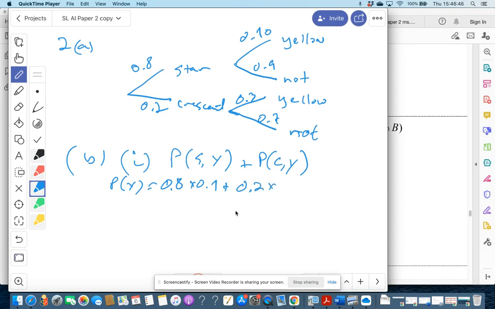Probability that the crescent is yellow, 0.3. So that's 0.08 plus 0.06. I get 0.14 when I put that into my calculator or my mental calculation. I got that.